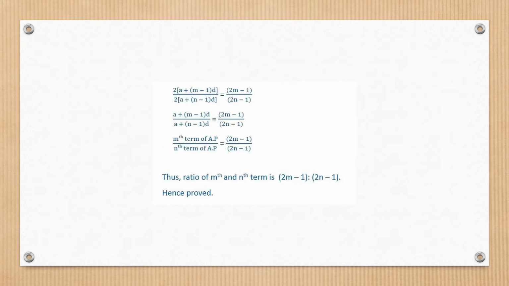So here we have taken 2 common from the numerator and denominator, so that it gets cancelled out, and we get the desired term. a plus (m minus 1)d upon a plus (n minus 1)d is equal to 2m minus 1 upon 2n minus 1, which is your mth term of AP upon your nth term of AP, and this was my desired condition. So dear students, please see carefully how in ratio questions we establish a connection between what we are having and what we need to prove.